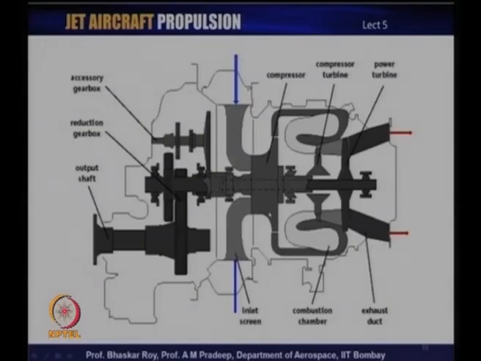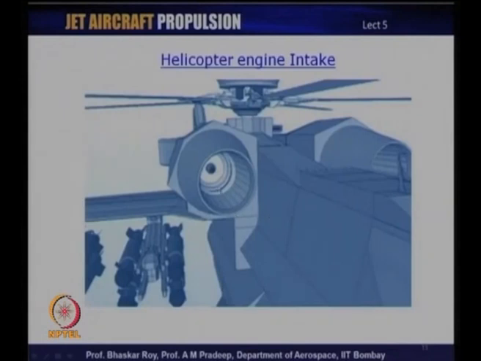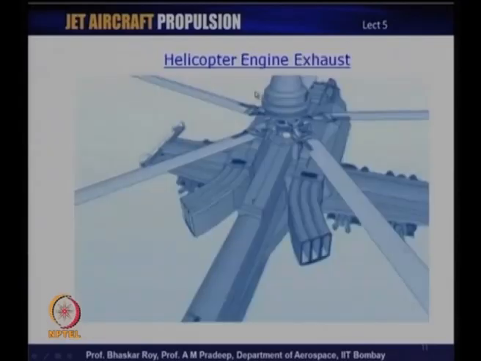They feed into the same engine, and you could have a similar arrangement here, with one intake on this side and one on that side, feeding into one engine, which produces the shaft power that runs this rotor for the helicopter. This is the other side of the helicopter engine.